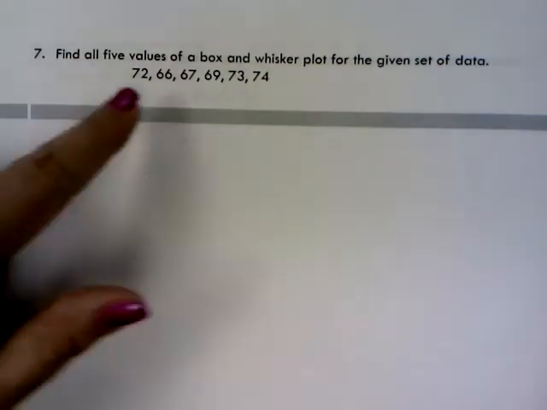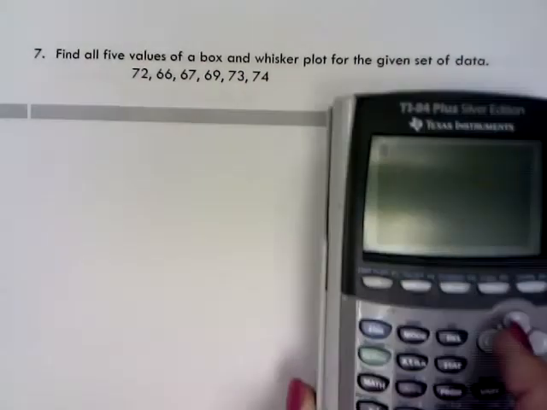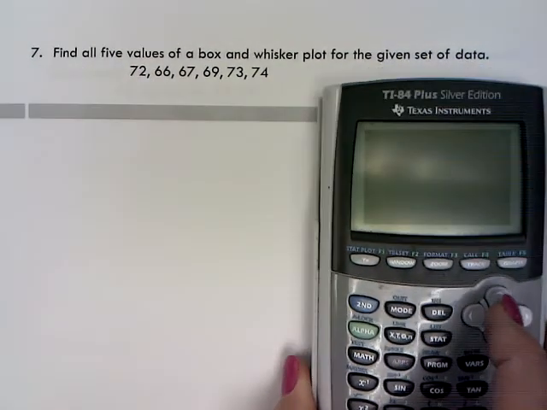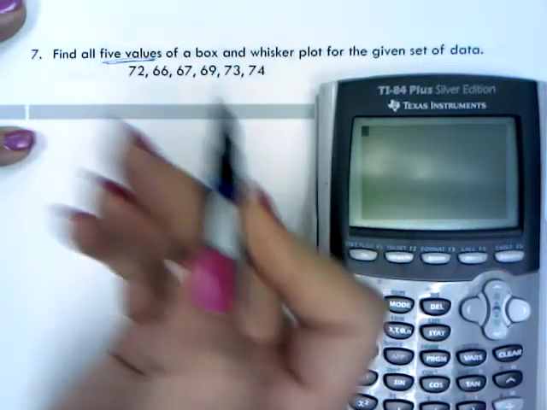Using our same data, same values, now I want to do a box and whisker plot. What's nice about the box and whisker plot is all your 5 sets of values. Someone asked me, what are the 5 values?